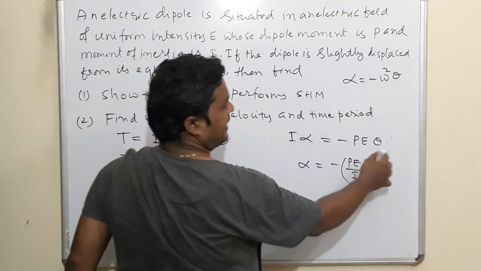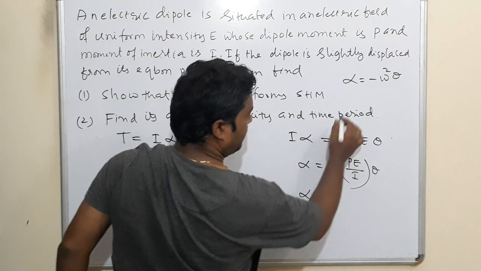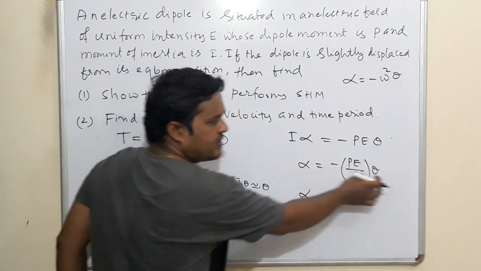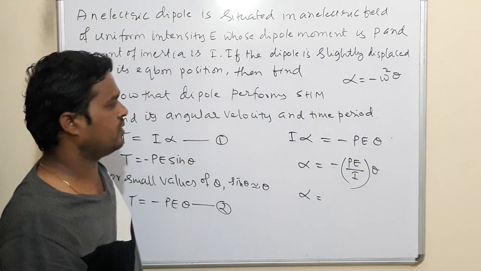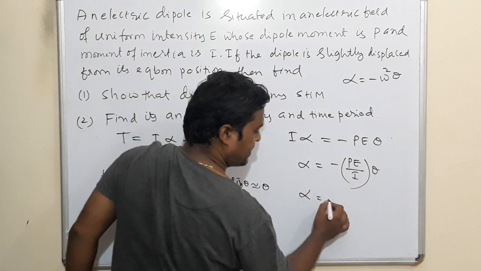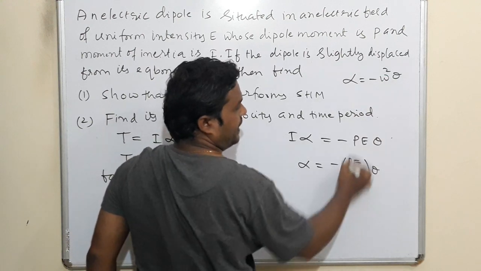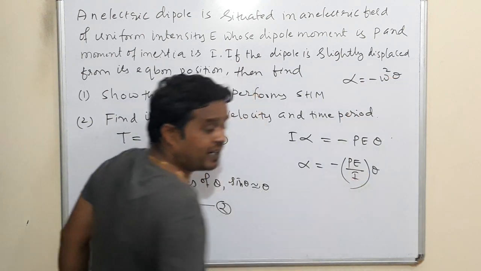Now you see this is satisfying this condition. For simple angular SHM, alpha should be directly proportional to theta. Alpha is directly proportional to theta here. That means it is executing simple harmonic motion, which is nothing but angular SHM. If we compare these equations, in place of omega square, what is there?